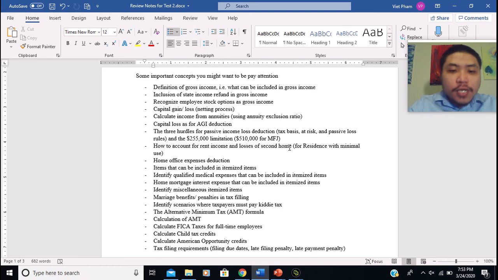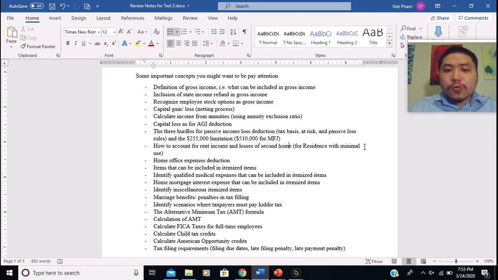All right. And then make sure that you know how to account for rent, income, and losses for the second home, right? Remember, there are 3 types of home that we have discussed. We have residence with minimal rental use, residence with significant rental use, and the third type, which cannot be considered a residence; it's going to be purely for rental use.